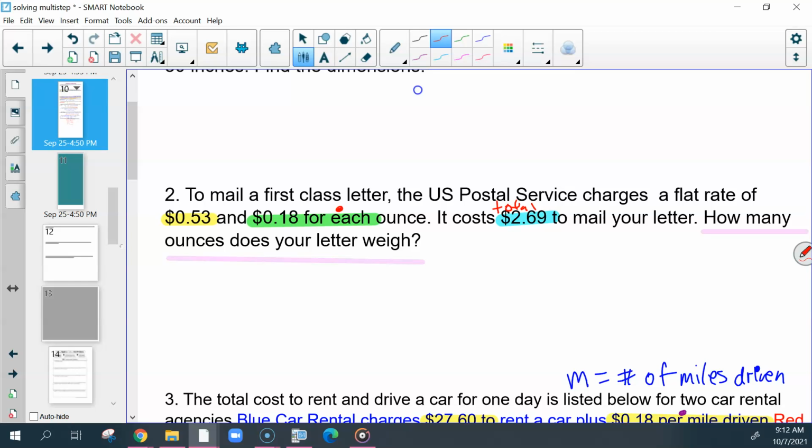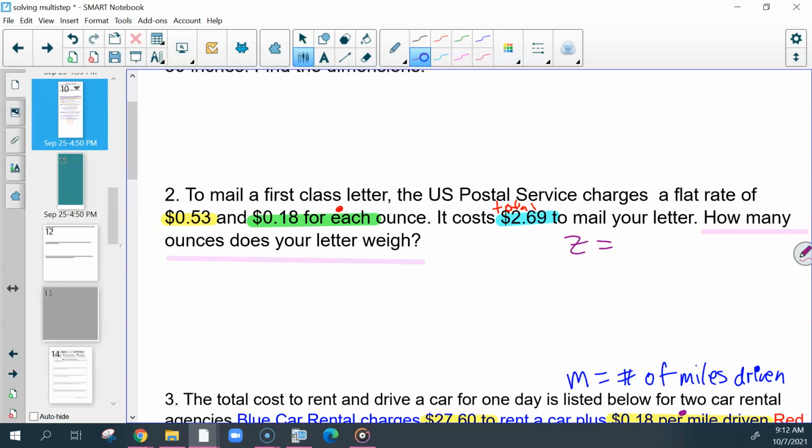And then we need a variable to signify what we don't know. So we don't know how many ounces it weighs. I would avoid using O, because you might confuse it for a 0. Z for OZ ounces works. If you want to use something else, that's also fine.